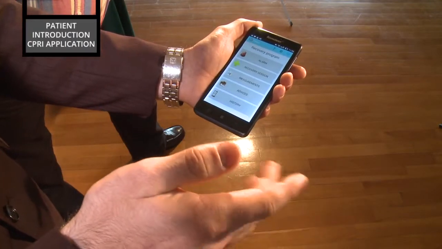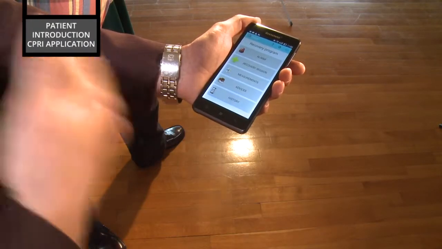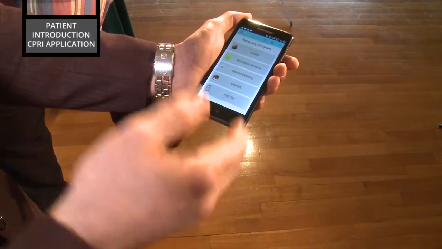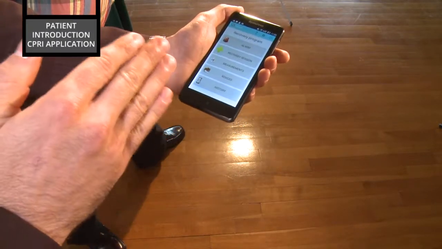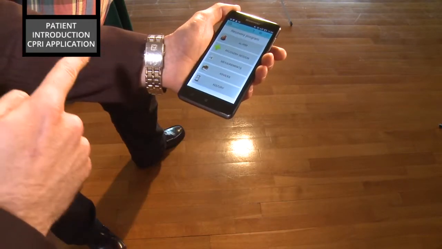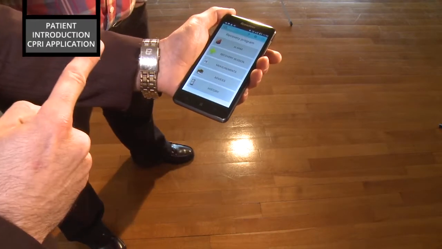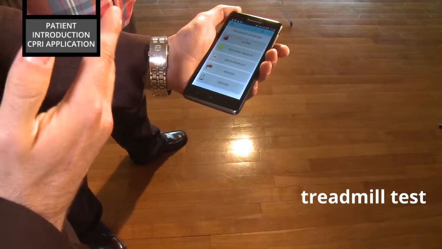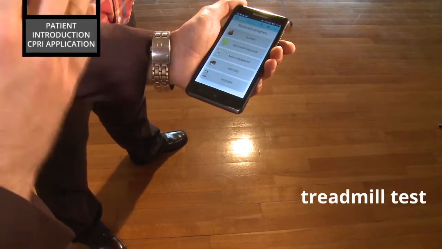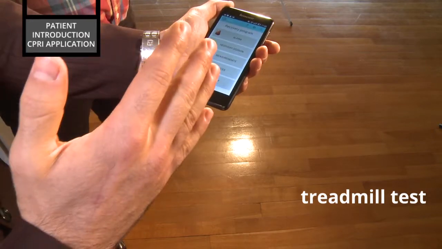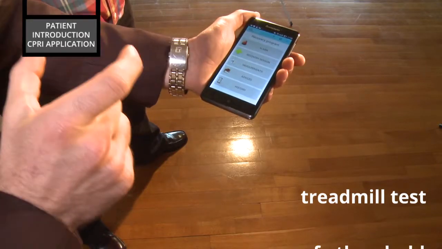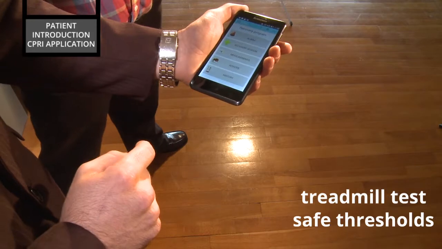The same happens with the heart rate and the blood oxygen saturation entered into the smartphone, with thresholds for their normal values. Before discharge from the hospital, you'll have to perform a treadmill test to see exactly what your cardiovascular condition is before going out, so you'll be within safe thresholds.